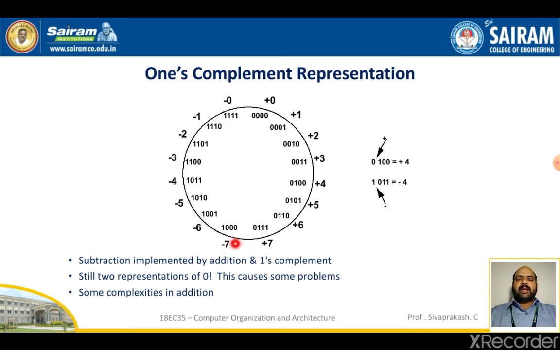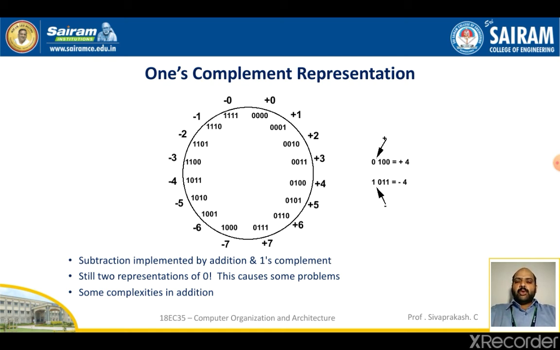Whereas if you enter the negative values, here we reverse the data compared with sign and magnitude. Here it starts with minus 7, minus 6, minus 5, minus 4, minus 3, minus 2, minus 1, and ends with minus 0. This is the major difference between ones complement representation and sign and magnitude representation.